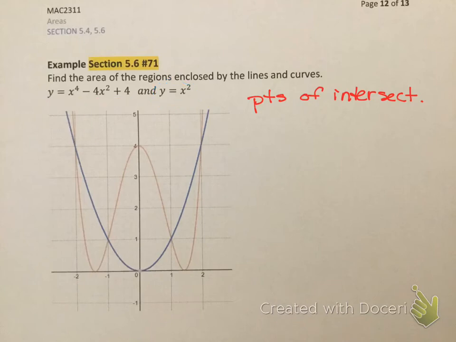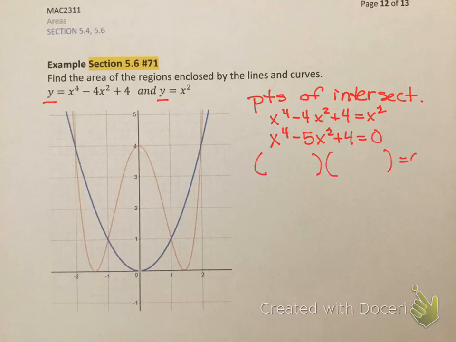Are you comfortable that you would need to set these two equal to each other? So x to the 4th minus 4x squared plus 4 would equal x squared. So x to the fourth minus 5x squared plus 4 would equal 0. This is quadratic in form, and you can still factor it.